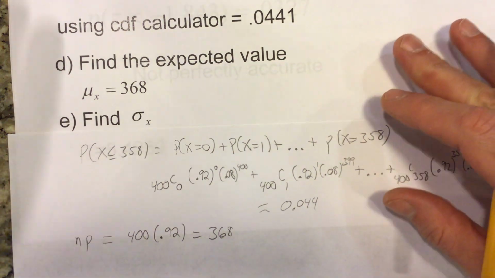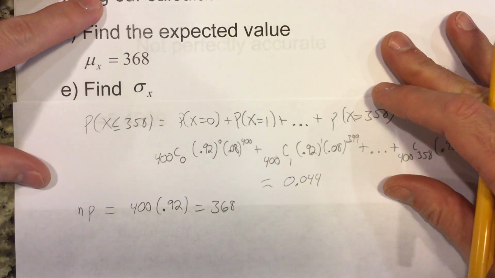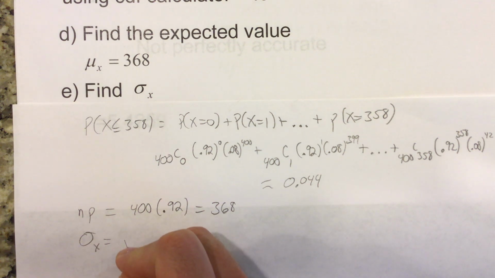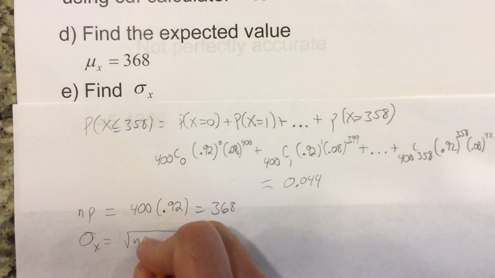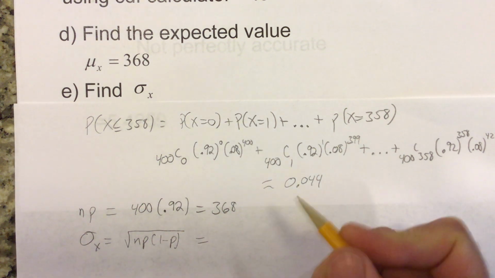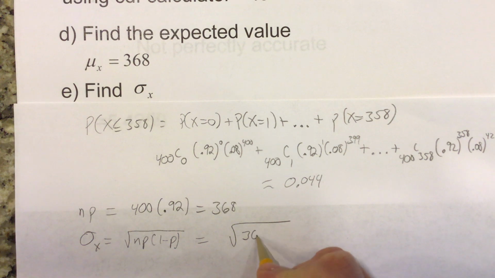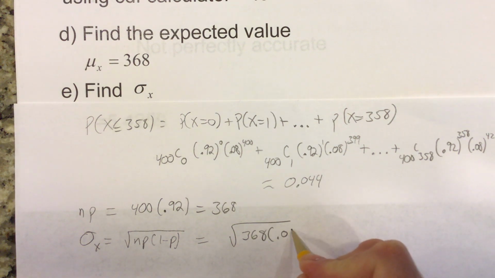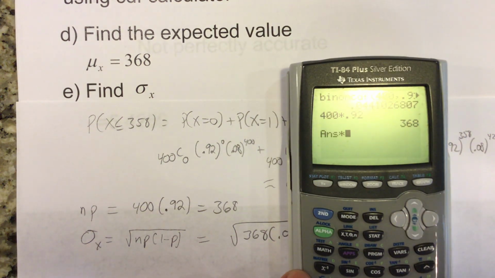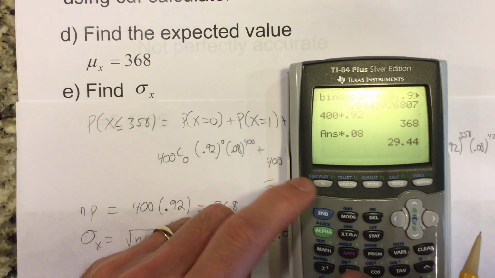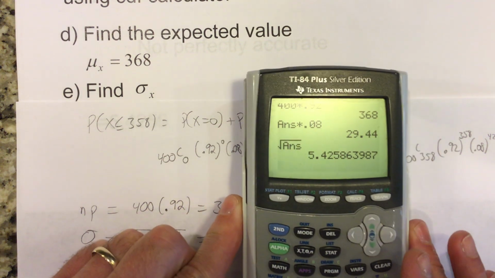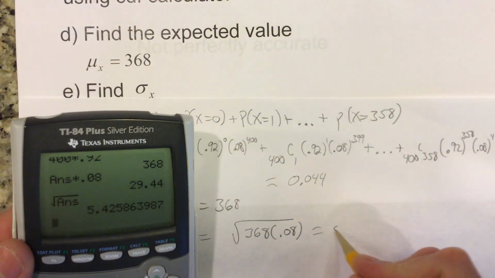Let's find the standard deviation. So our standard deviation is the square root of 368 times 0.08, about 5 point something or other.